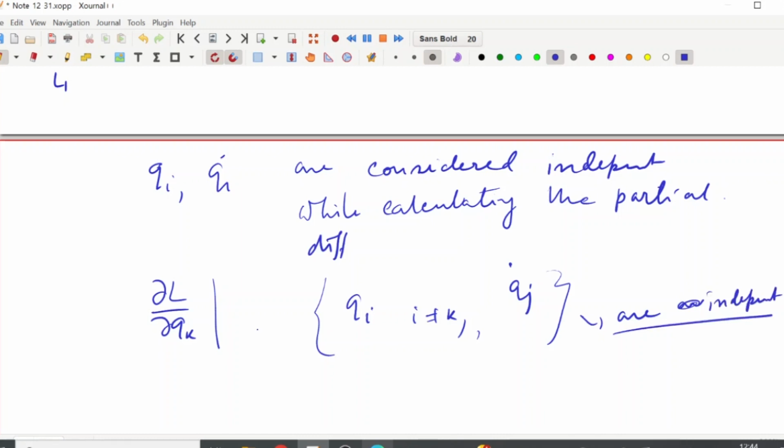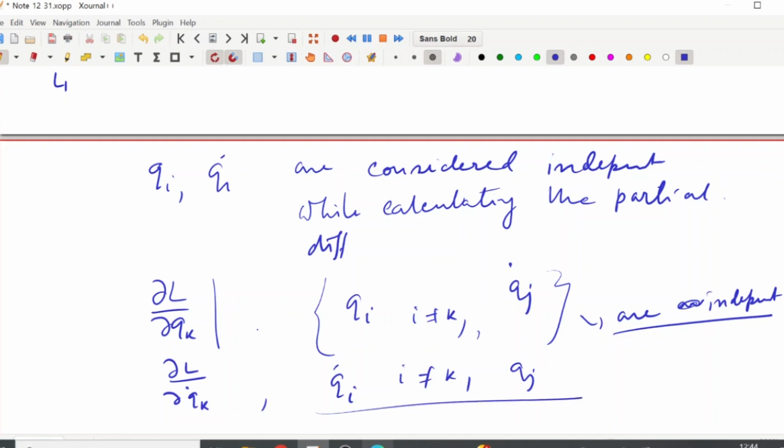Similarly, when you consider the differentiation del L del q_k dot, then we consider q_i dot for i not equal to k and all q_j as independent.